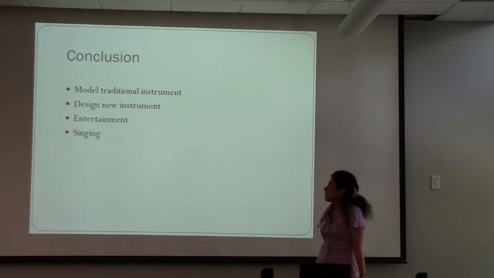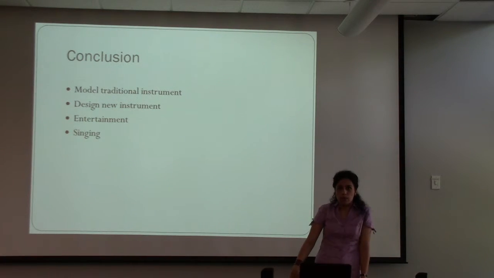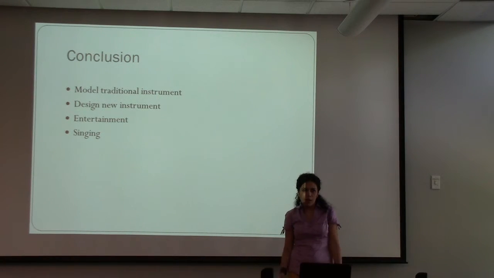To conclude, I can say computer music is very useful to model traditional instruments. We need them. Why? Because we cannot carry lots of instruments with ourselves or store them at home. We cannot learn to play all instruments. Composers really need those instruments, or we as ordinary people like to make maybe a piece of music.